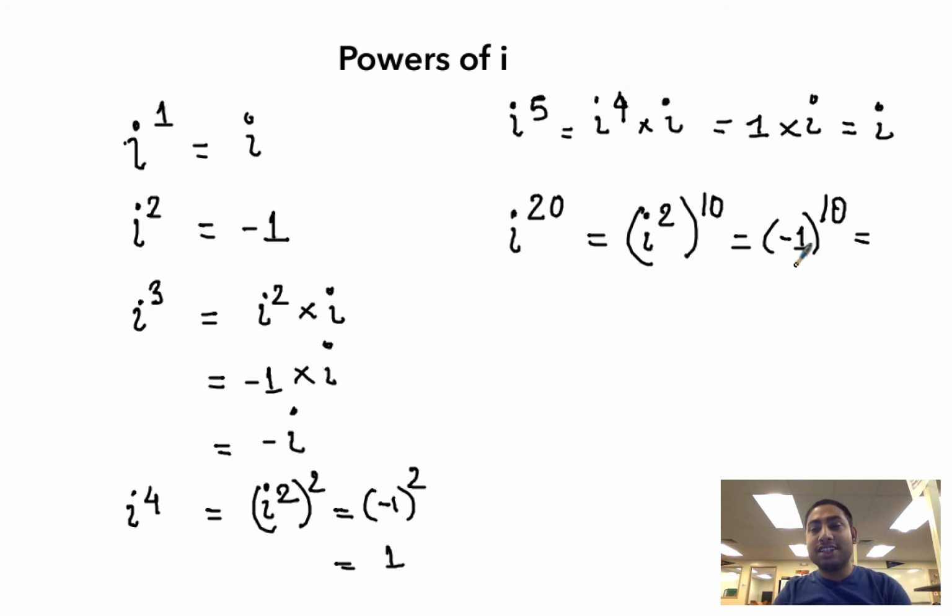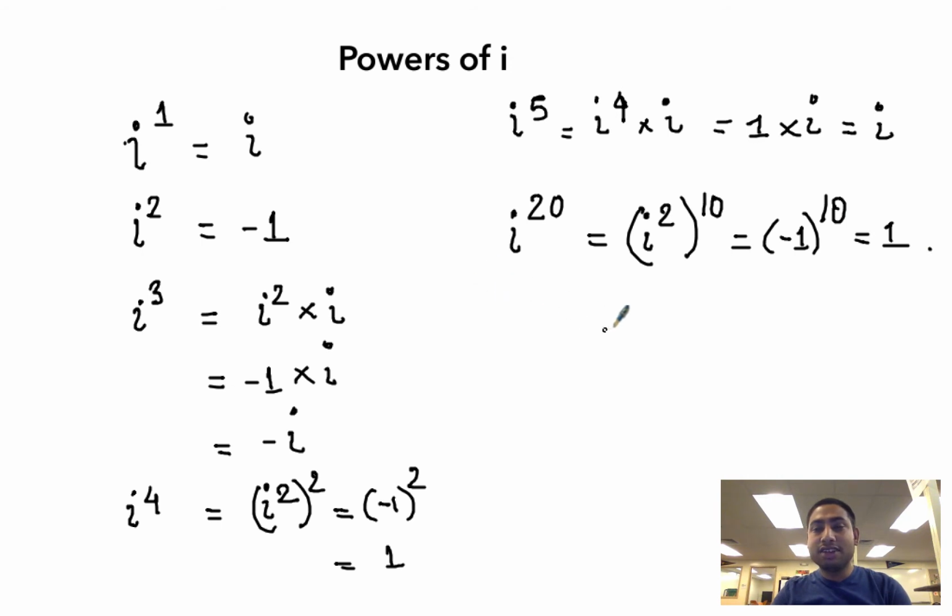If I do negative 1 times negative 1 times negative 1 times negative 1, four times, again, the first two negative 1s will give me positive 1, and the next two negative 1s multiplied together would give me positive 1, so the end result would be positive 1. So negative 1 to the power 10 ends up being 1, which means i to the power 20 is 1.